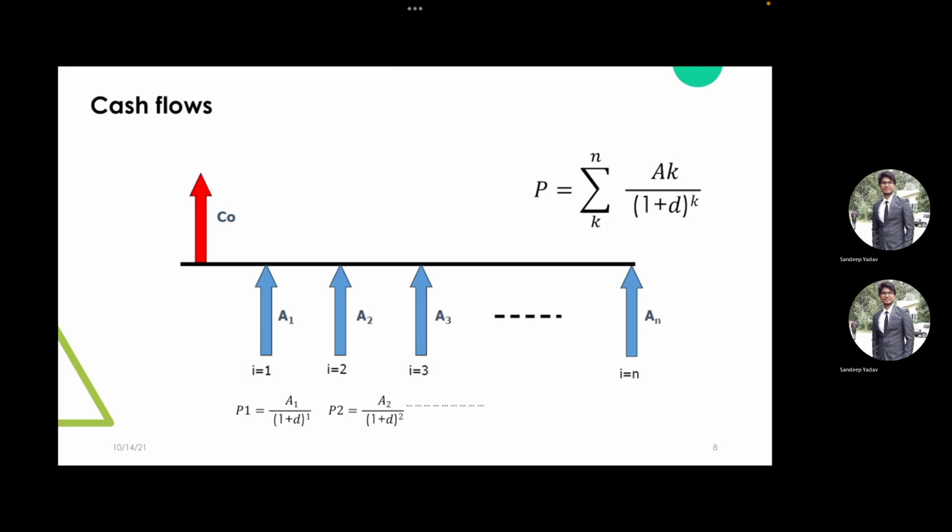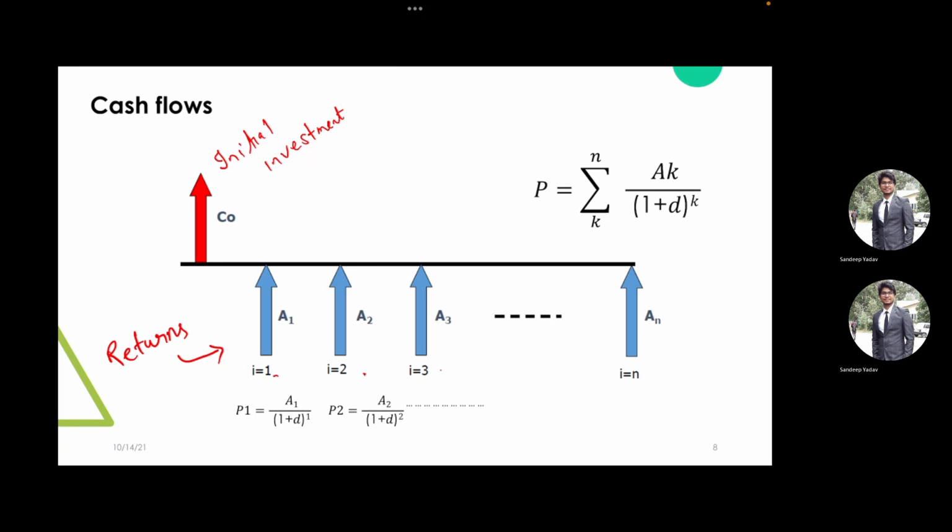Suppose C naught is the initial capital given, that is our initial investment. These are the returns, that is, the returns for year 1, year 2, year 3, and similarly for year n.